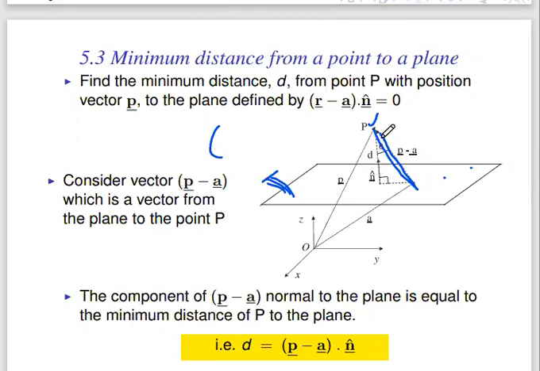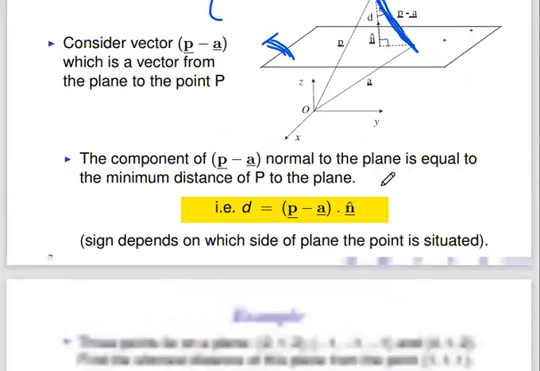Makes sense? So you know this vector here. The perpendicular length is this vector times cosine of theta. So here you get cosine: take the dot product of these two vectors.